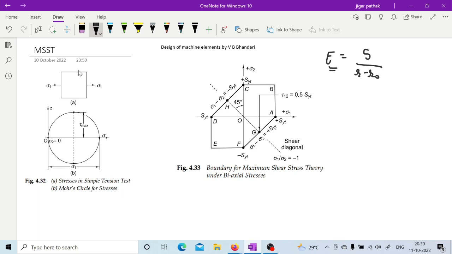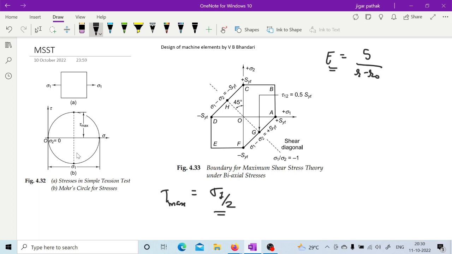So here in case of this maximum shear stress theory, failure is going to occur when maximum shear stress at any point is going to be equal to the maximum shear stress in the standard specimen of that tensile stress, right? So now maximum shear stress of that tensile specimen is sigma 1 by 2, right?